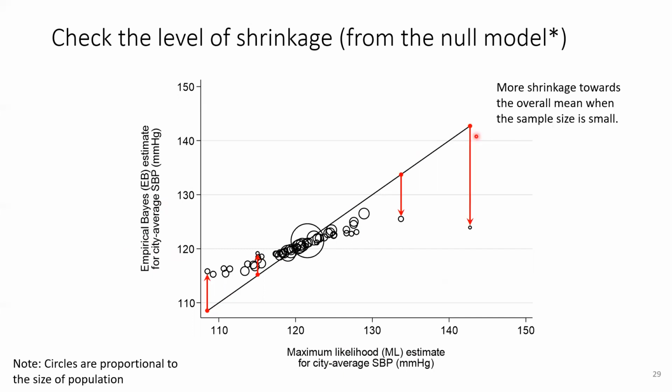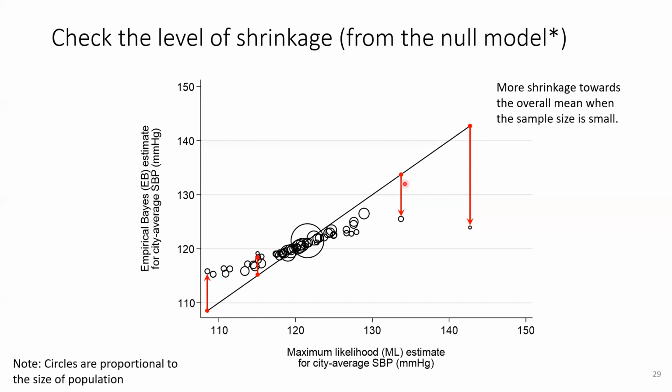So, for example, this city has a very small sample size. By the way, each circle represents one city, and the size of the circle is proportional to population size. So if the circle is small, it means that the sample size for that city was small. For this city, the observed mean was 142 or something, but its estimated mean was around 123 or 124.